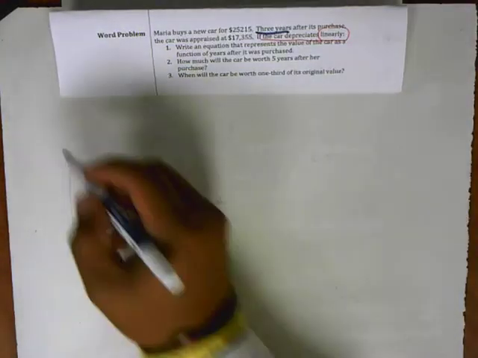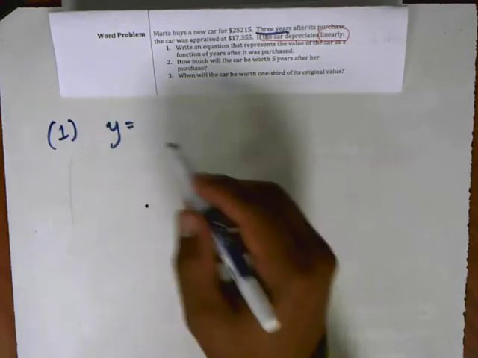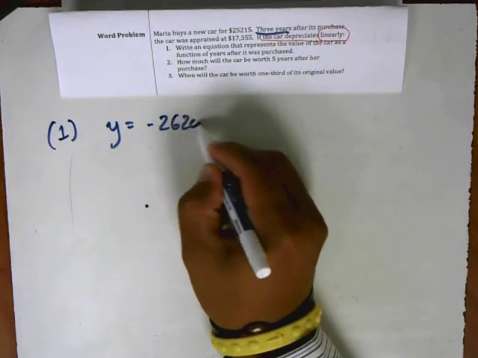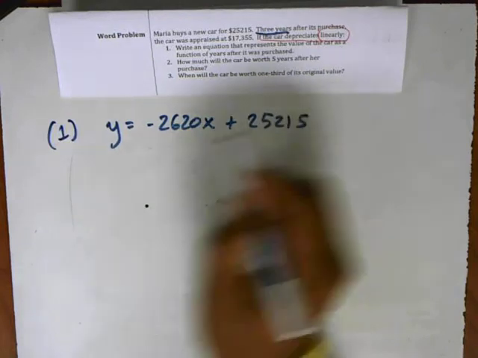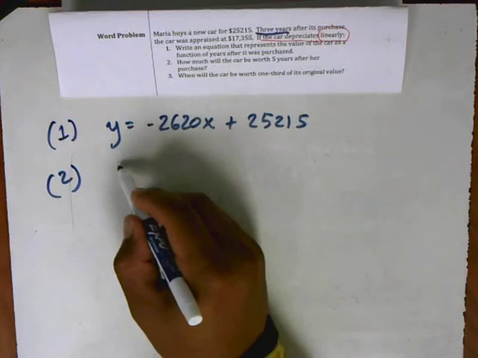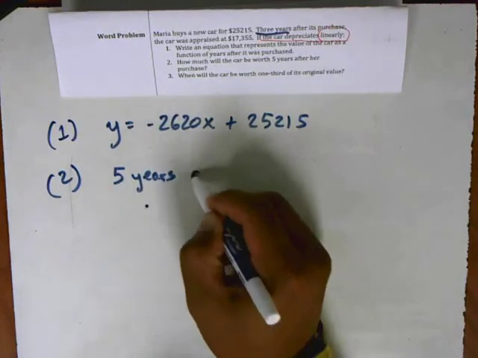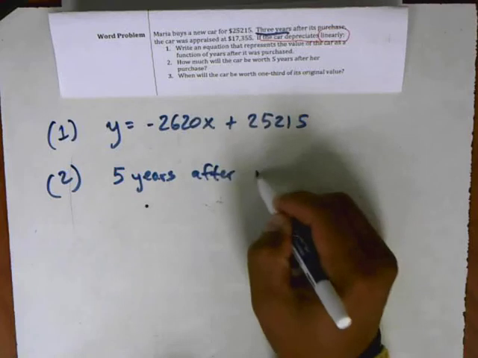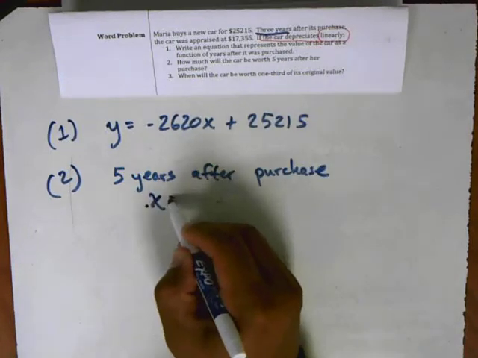So let's look at the second part of the problem now, where it says, how much will the car be worth 5 years after her purchase? Just remember, from part 1, we know that the car's function is y equals negative 2620x plus 25215. So 5 years after purchase, x is equal to 5.